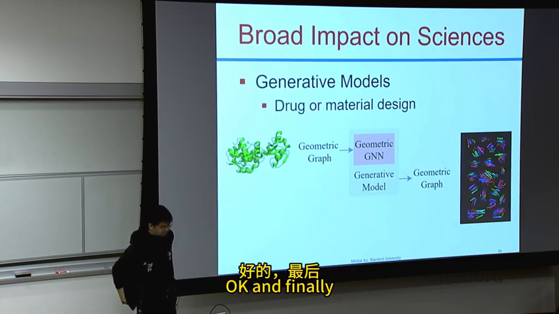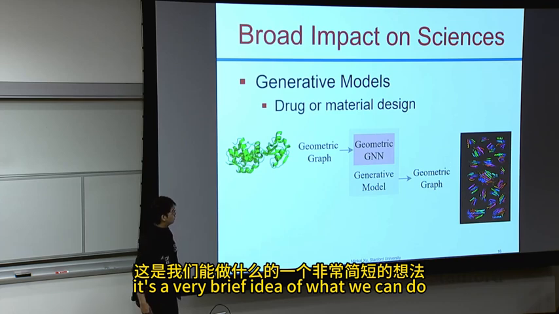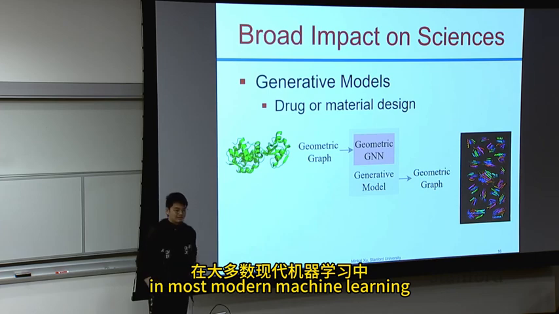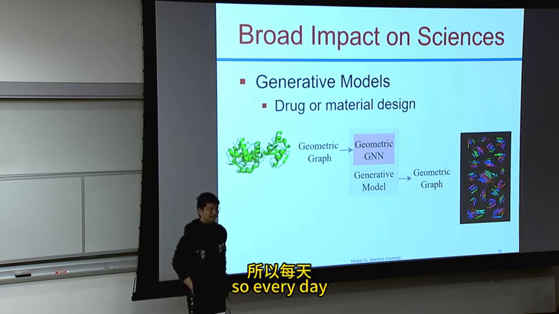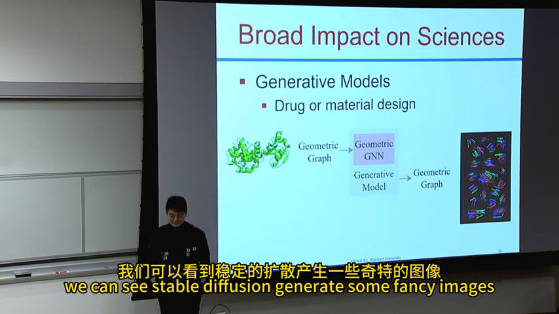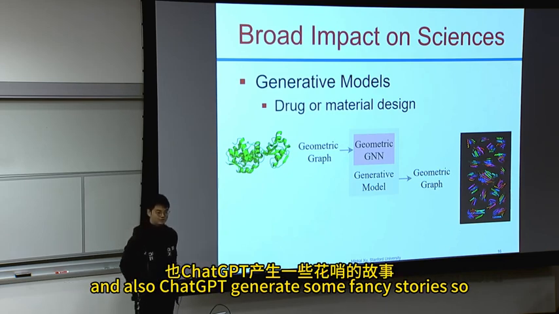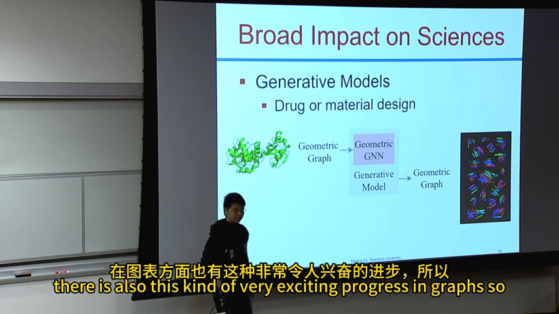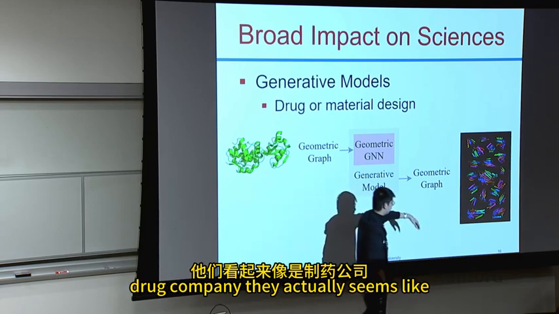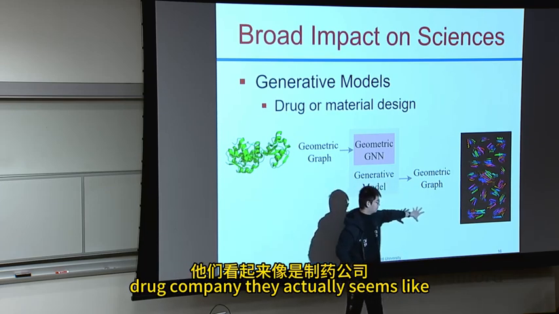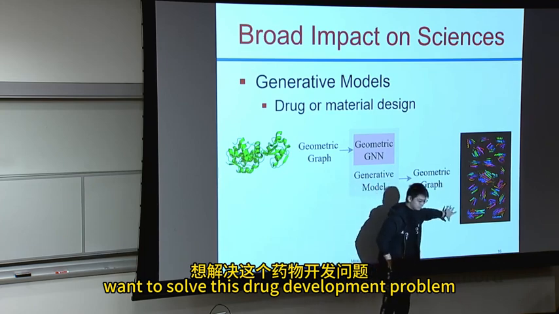Okay, and finally is a very brief idea of what we can do in most modern machine learning, especially in the era of AIGC. So every day we can see Stable Diffusion generate some fancy images, and also ChatGPT generate some fancy stories. So there is also this kind of very exciting progress in graphs. Every day we see many pharma and drug companies who want to solve this drug development problem.